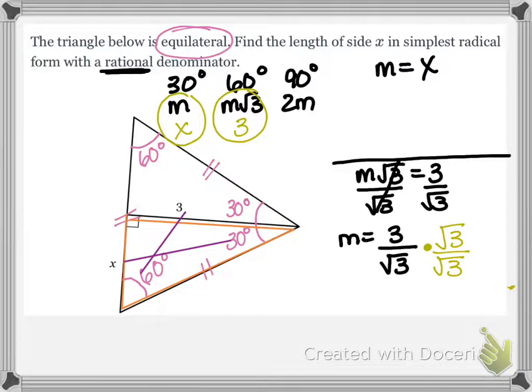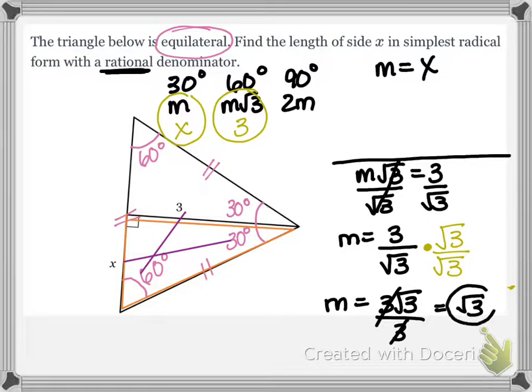So I multiply 3 times square root of 3, and I end up with 3 square root of 3. And then square root of 3 times square root of 3 would just be a plain 3. And those two are going to cancel because 3 divided by 3 is 1. And now I have m equals square root of 3.